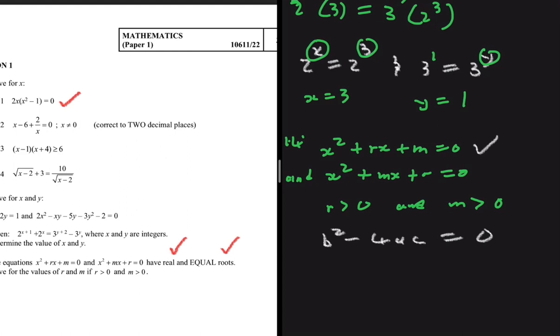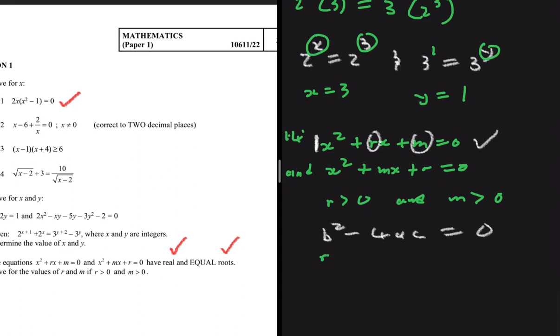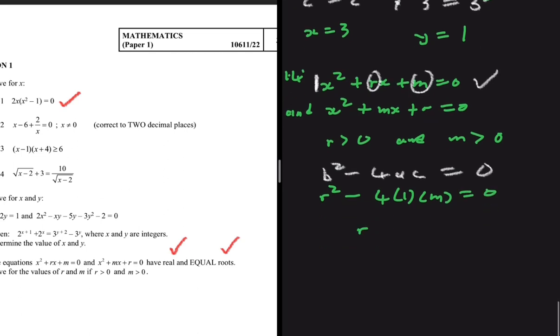So b is the coefficient of x, c is the constant term, and a is the coefficient of x squared. So b will be r in this case. So we're going to have r squared minus 4, a is 1, right? And then c is m, and this is equal to 0. So we basically just have r squared minus 4m is equal to 0.